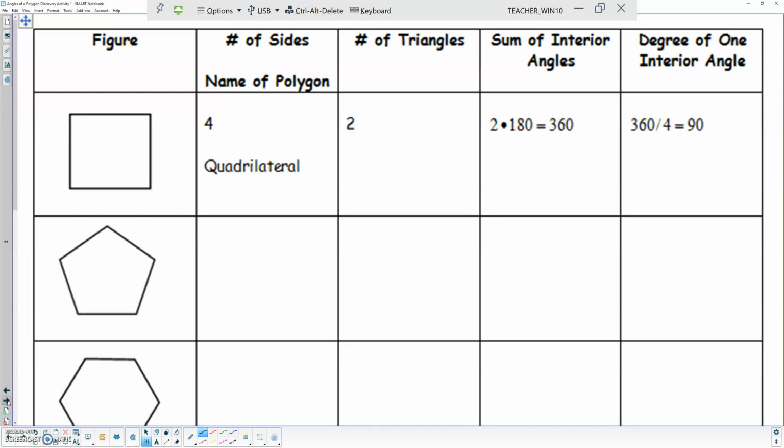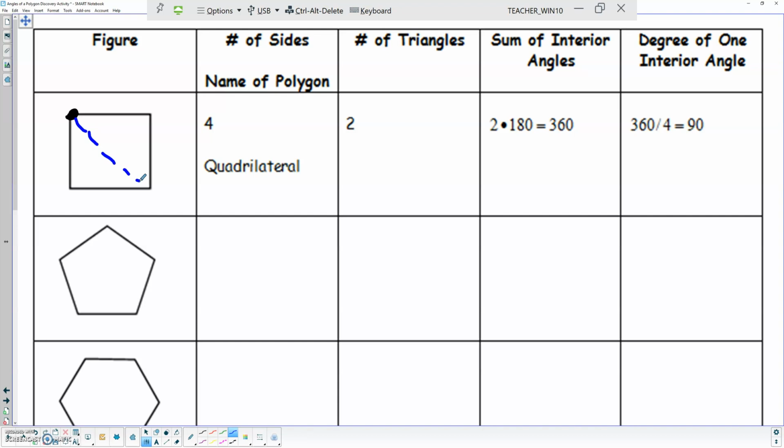In this first example, we have a figure with 4 sides, a quadrilateral. If I start at any one vertex, I can easily divide that quadrilateral into 2 triangles. This first row we already filled out for you. The number of sides is 4, it's a quadrilateral.